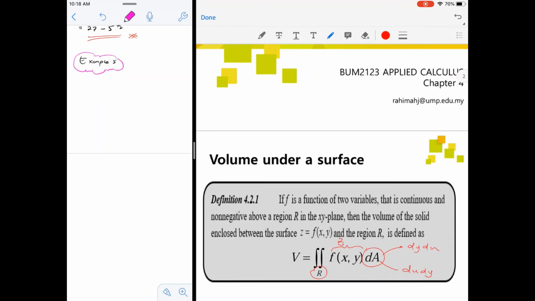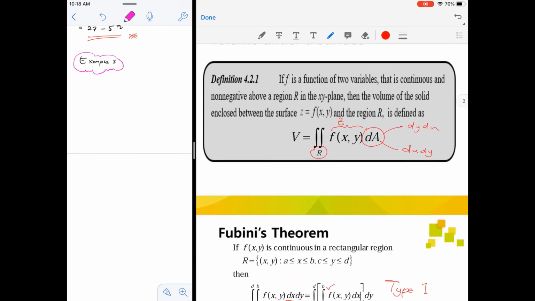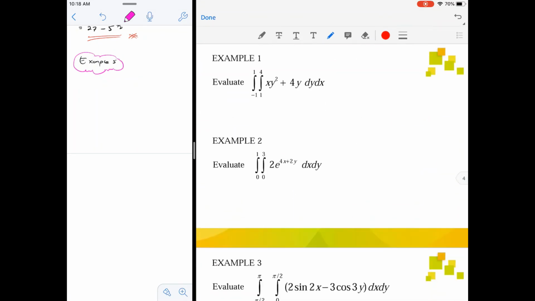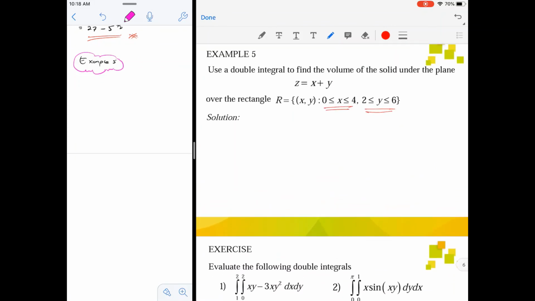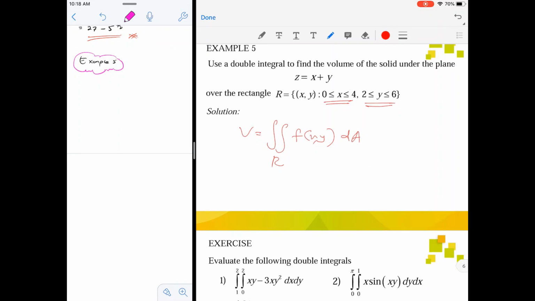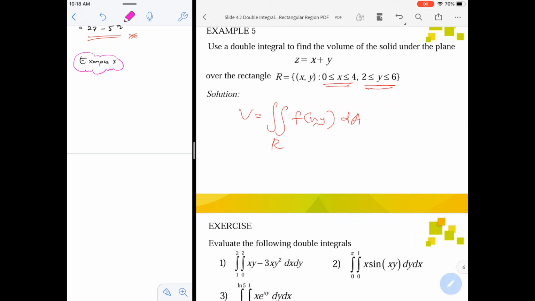If you notice in my first slide, we have the formula of volume like this, right? The formula of volume equals the double integration over region R of f(x,y) dA. Let us solve this.